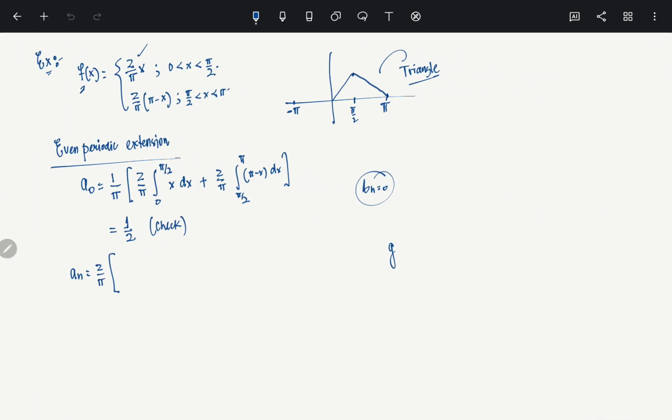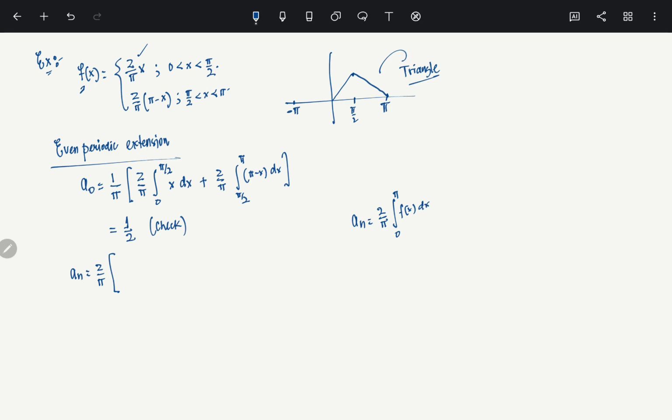So if you remember, a naught is 1 by pi, integral 0 to pi of f(x) dx, right? And what are the a_ns? The a_ns will be 2 by pi, integral 0 to pi. Remember, it used to be minus pi to pi, but since it is even, we get 2 multiplied here, and then it is f of x dx.